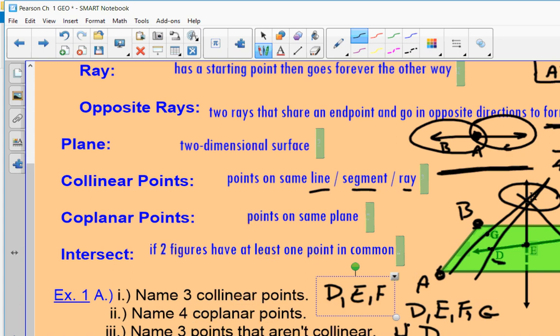Now I'm gonna say E. You could have said something else. You could have said F or G. I'll say E. Now, a lot of you guys will go, wait a minute, D and E are on the same line, but the question said name 3 points that aren't collinear. Those 3 points don't all lie on the same line. So you could have had a couple of different correct answers, okay? All right, let's move on here.